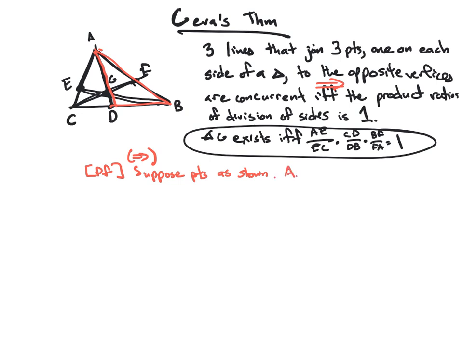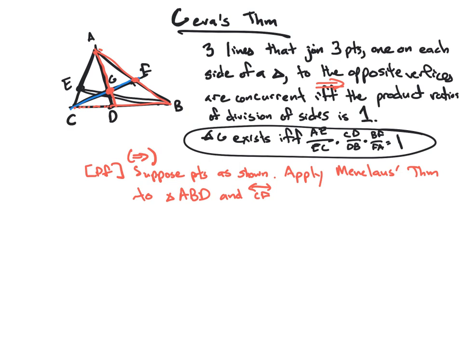So what we're going to do is apply Menelaus' theorem to triangle ABD and line CF. Notice that CF hits the extension of side BD, it hits side AD, and it hits side AB.